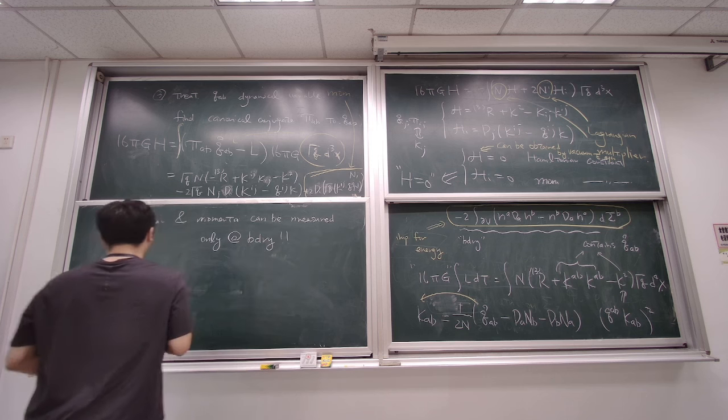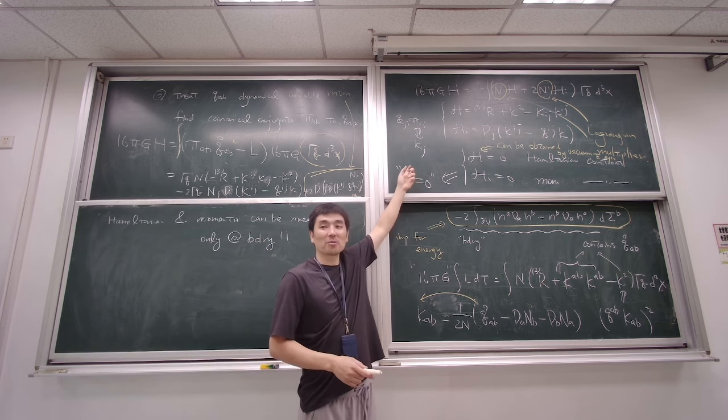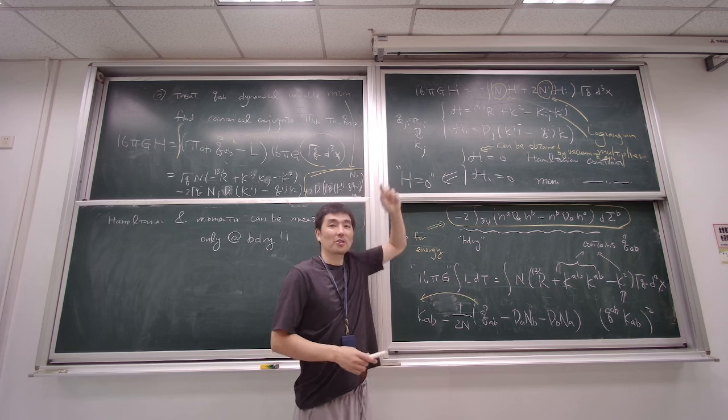So that is an important lesson we learn, because if you only look at the bulk term, the Hamiltonian is always 0.